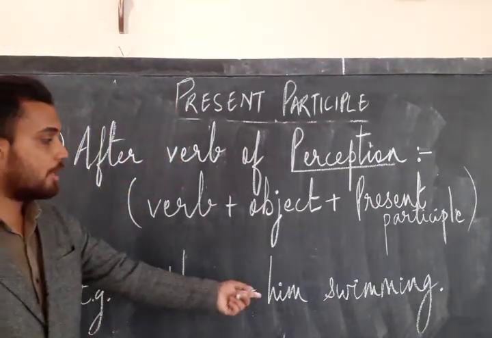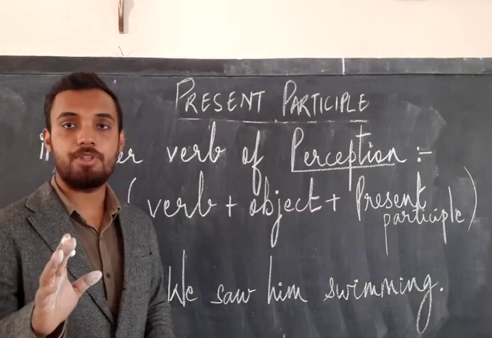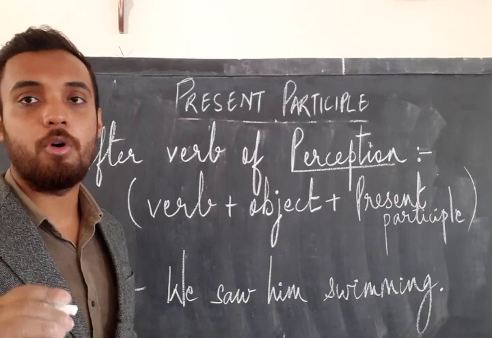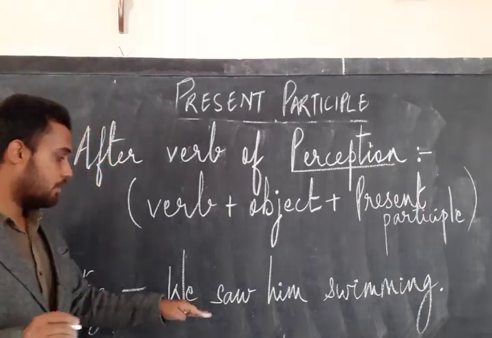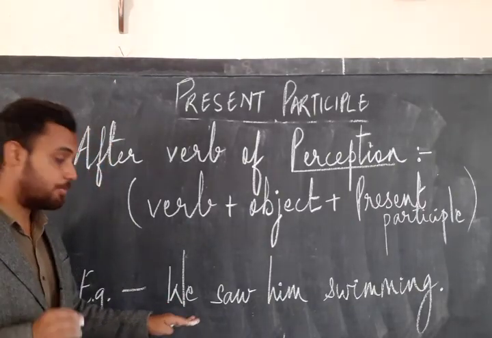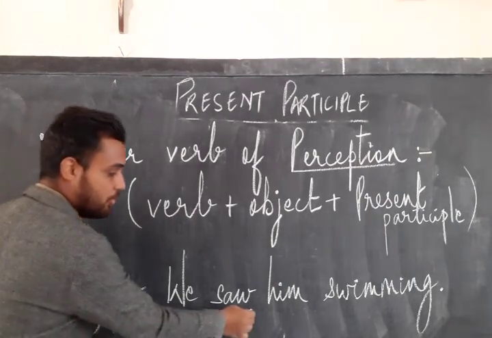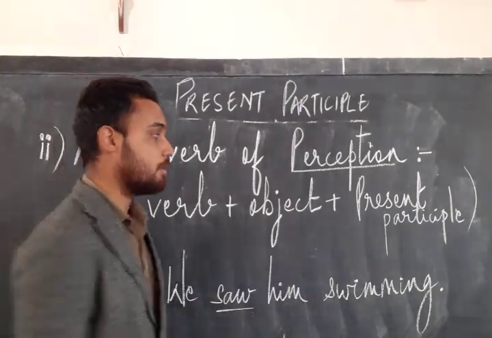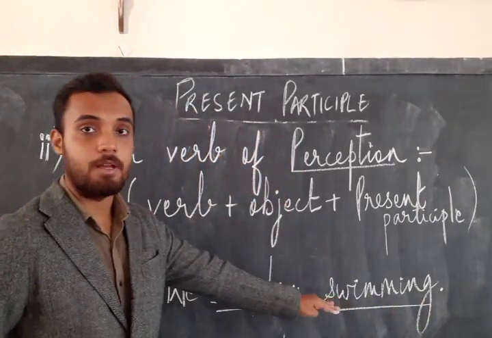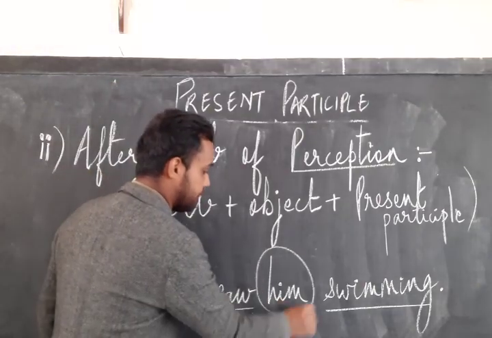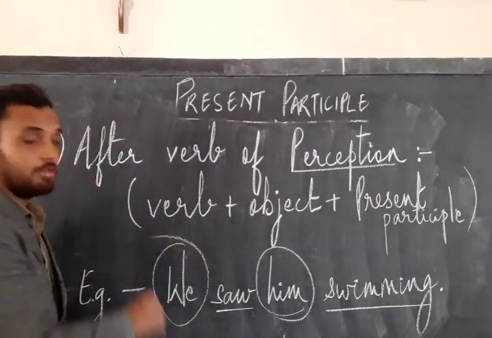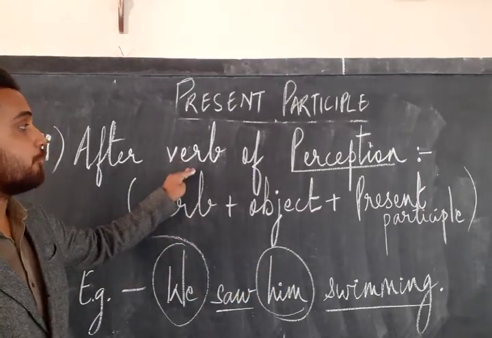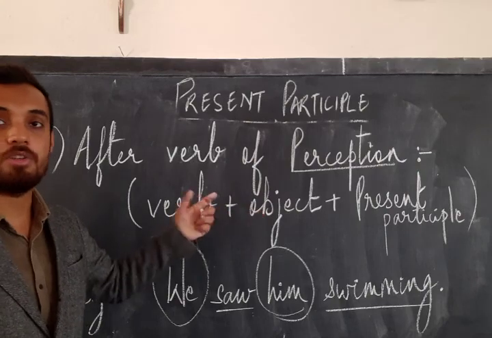Example, we saw him swimming. Remember the definition I gave you for perception: the ability to see, hear or observe something. In this sentence the verb of perception is saw, the ability to see. We saw him swimming. Present participle, swimming. Object, him. Subject, we. This is how we use the present participle after a verb of perception. So this was the third rule.